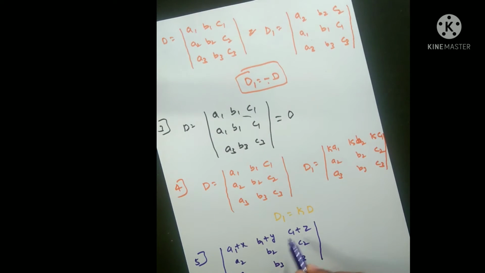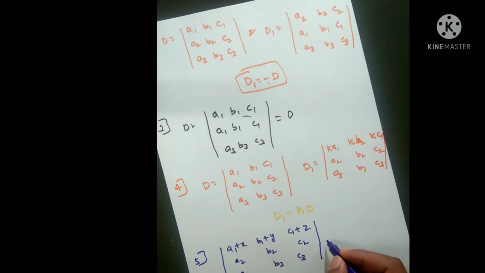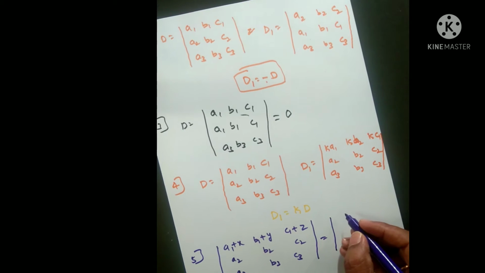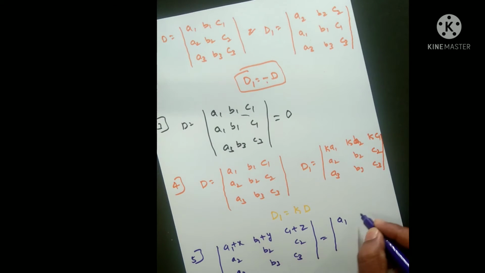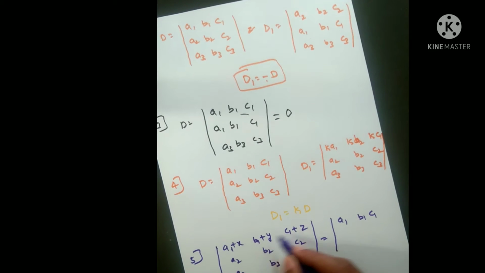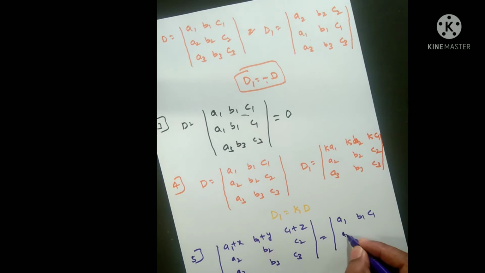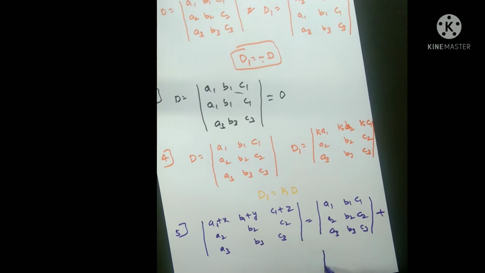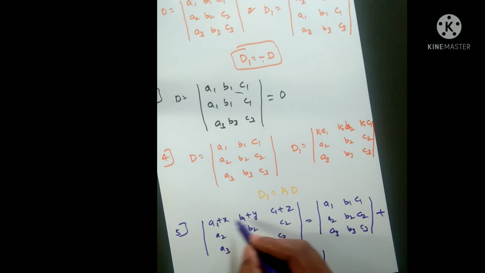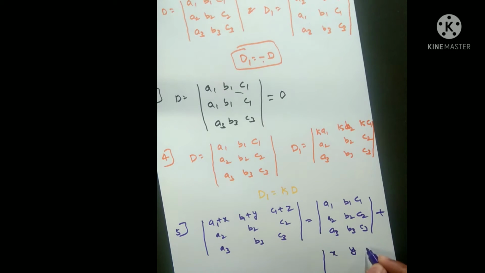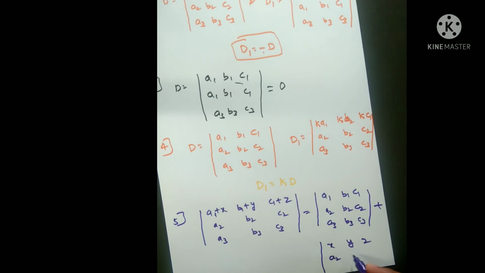The first row is expressed as a sum of two terms, A1 plus X, B1 plus Y, C1 plus Z. This can be expressed as the sum of two determinants: A1, B1, C1 with the second and third rows as they are, A2, B2, C2, A3, B3, C3, plus one more determinant, X, Y, Z, with the second row as it is, A2, B2, C2, A3, B3, C3.